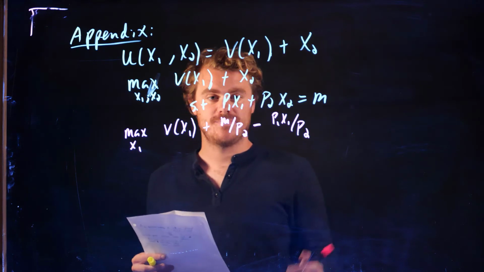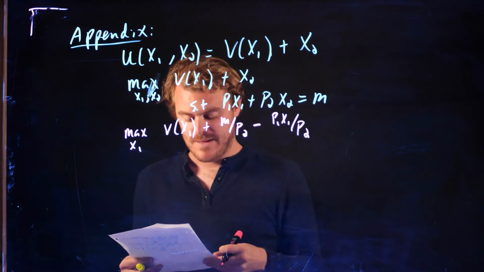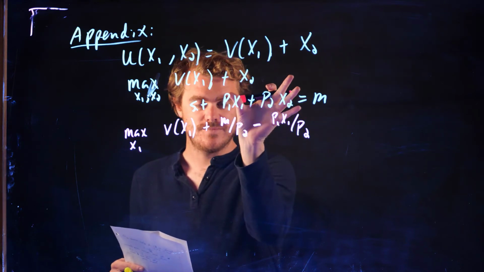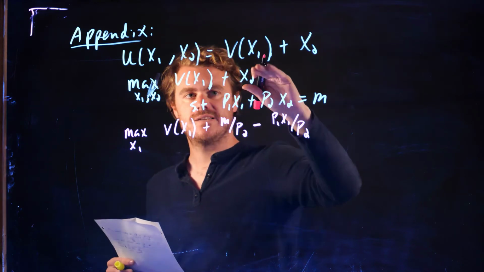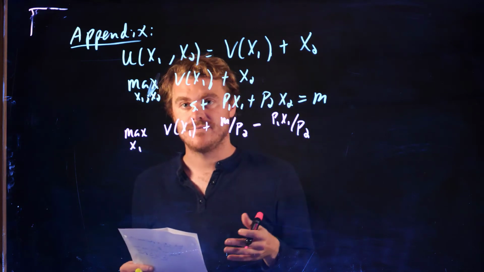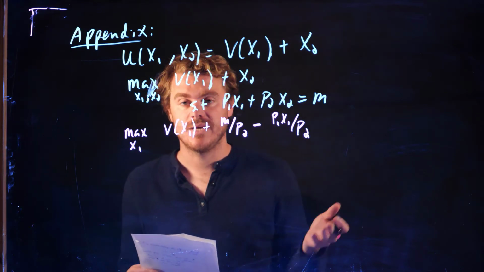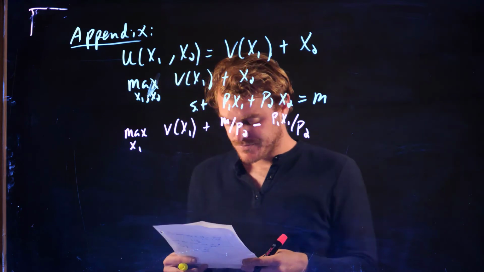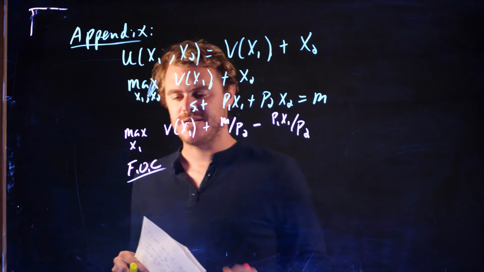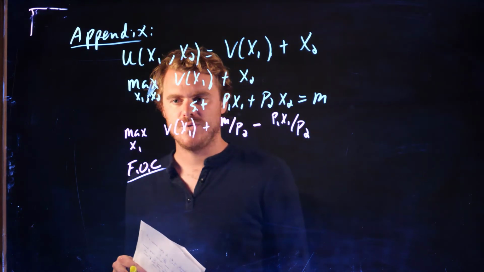And now this is basically an unconstrained maximization problem. We're putting this constraint directly into this objective function, just like we talked about in the appendix of chapter 5, the one about choice. Well, we know how to maximize that. We just take the first order condition with respect to x1.